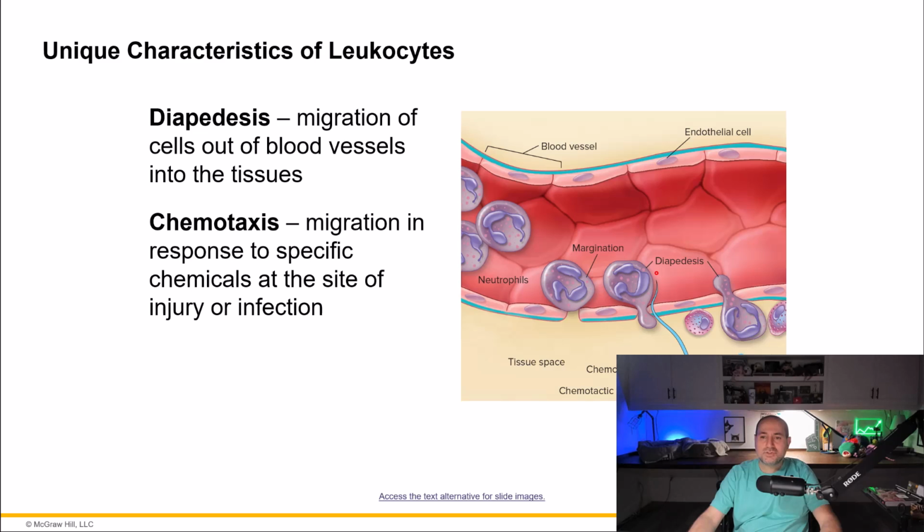And then you should know the term diapedesis. Diapedesis is when the white blood cells squeeze through the blood vessel out to where the injury is in that interstitial fluid. So again, know the terms margination, diapedesis, and then chemotaxis, which is directed cell movement.